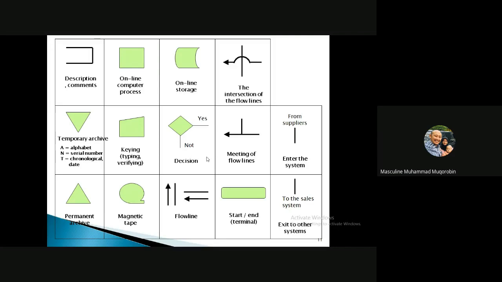Permanent archive represent that file permanently archived and not for the future use. Magnetic tape indicates a step where data gets stored by magnetic tape. Flow line represent the direction of the data flow shown by flow line.